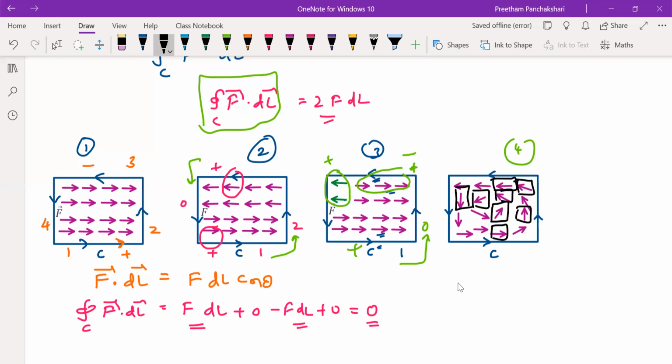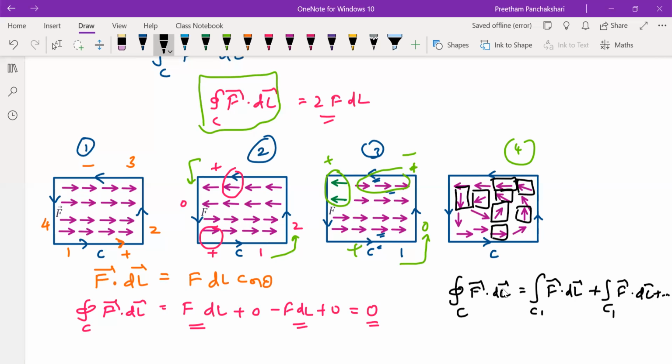So what I mean is, if you want the total circulation produced over the closed rectangular path under consideration, that is called C, which can be obtained by summing the circulations of force F and the smaller closed paths within them, and we can take them as a summation like this.